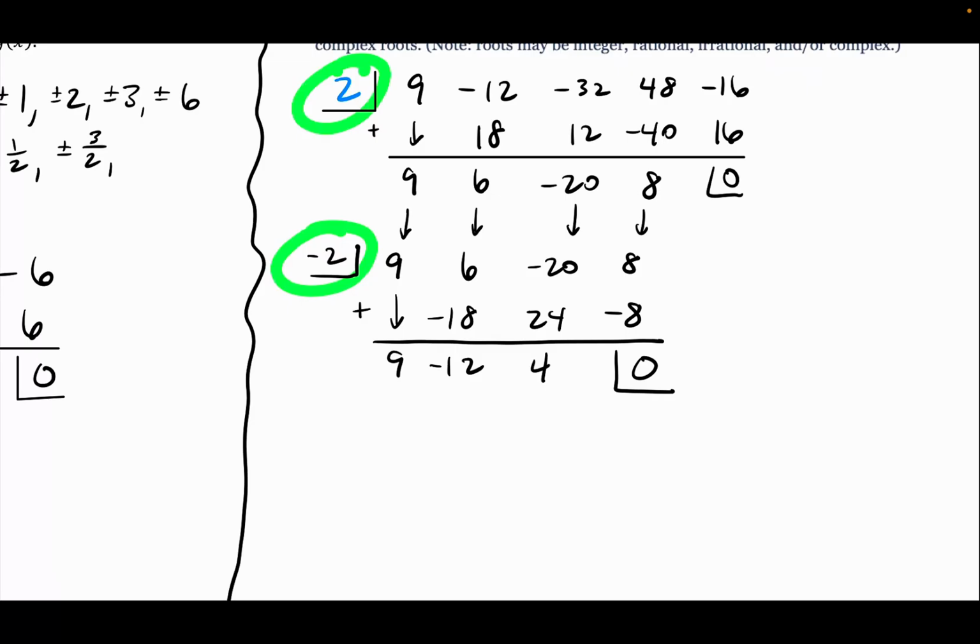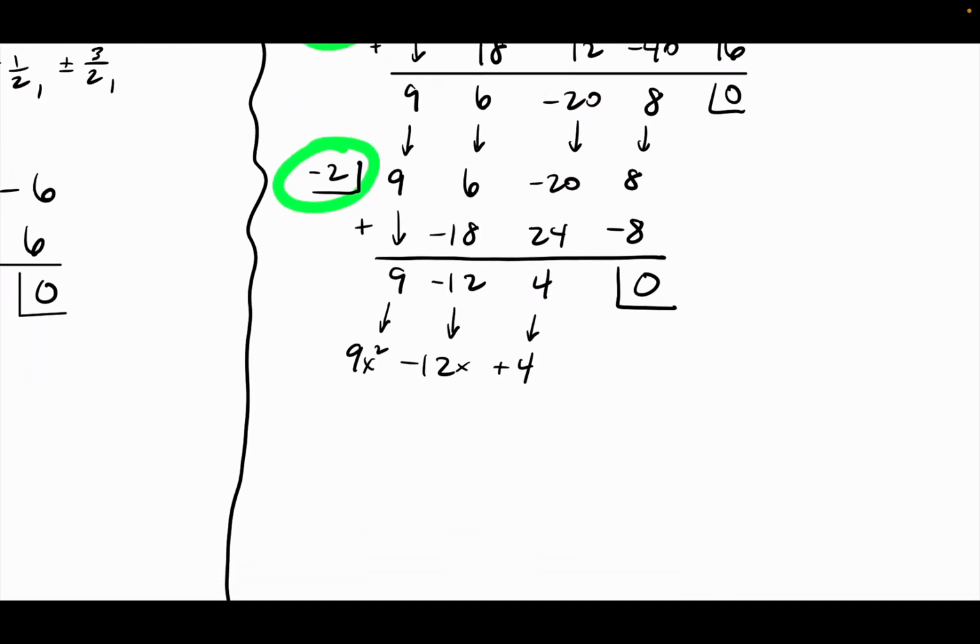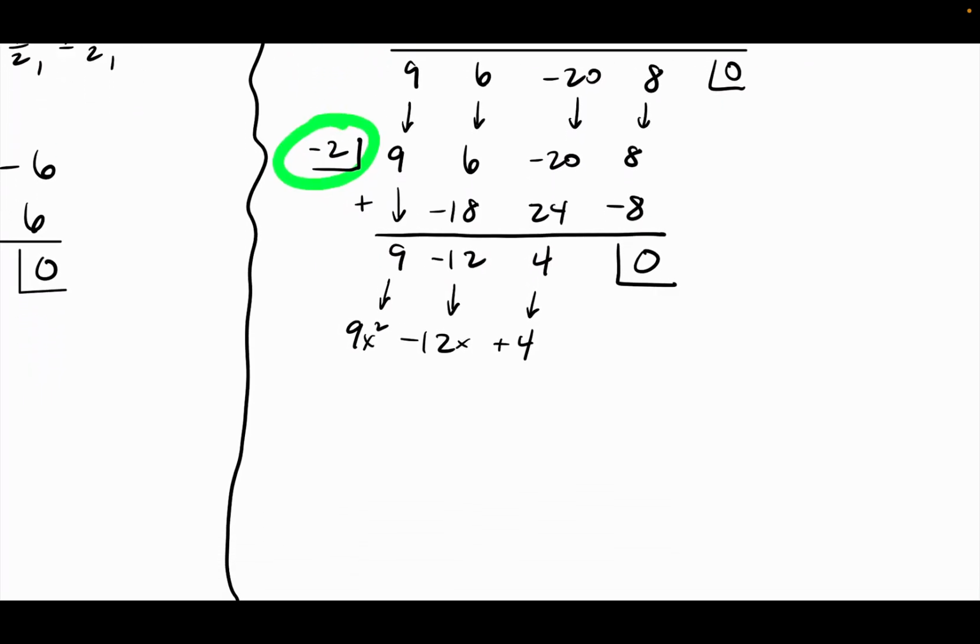Now, how many terms do I have left? 3. Use your trinomial steps now. Find the other 2. So that would be 9x squared, negative 12x, positive 4. GCF?